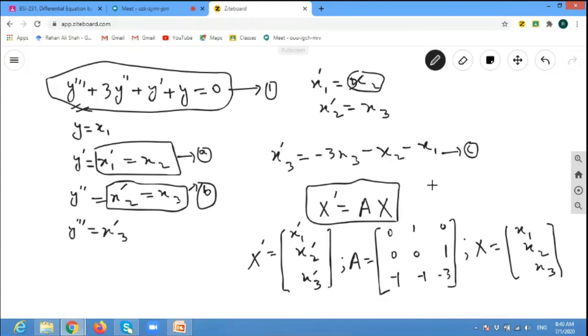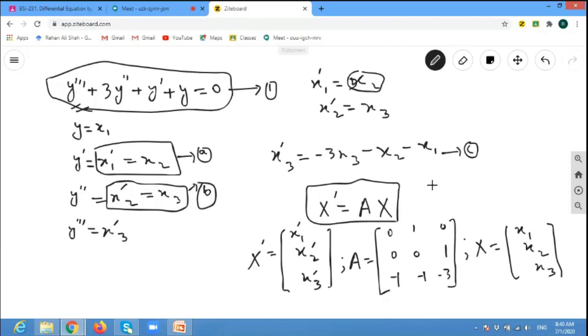अगर ये 4 इक्वेशन है, so the number of equations are 4, so the A matrix will be 4 cross 4. Similarly, the column matrix x dash will contain 4 rows, x1 dash, x2 dash, x3 dash, x4 dash. Similarly, the column vector x will contain 4 rows, x1, x2, x3, x4.